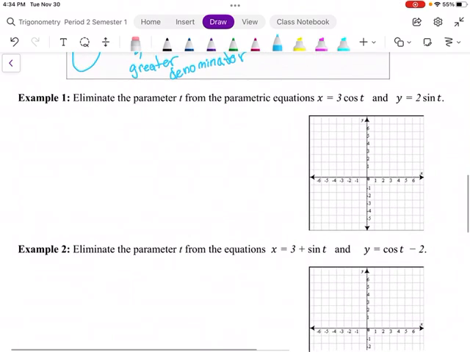So we're going to start with a few examples. We are going to eliminate the parameter t for the parametric equations x equals 3 cosine t and y equals 2 sine t. So our first step is we are going to solve these equations so that cosine and sine are by themselves.